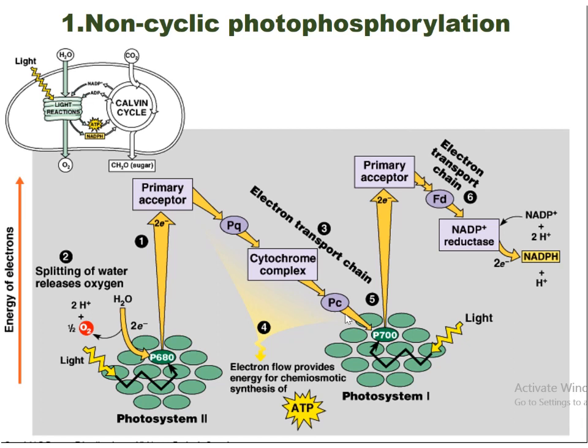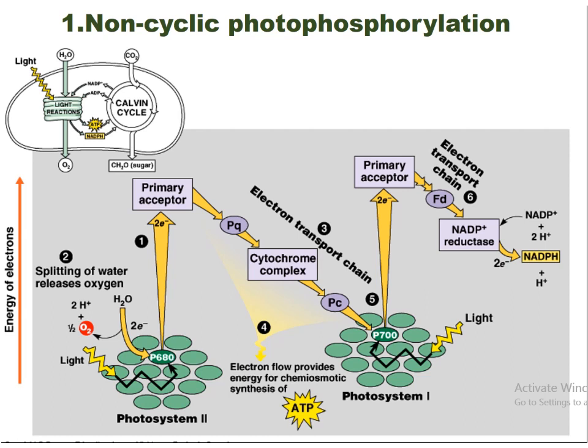Okay, and then electrons in the cytochrome complex are transferred to the plastocyanin, which donates those electrons to the reaction center P700 of photosystem 1. Okay, and the chlorophyll A P700 of photosystem 1 is then activated on receiving photons of 683 nanometer wavelength of light.